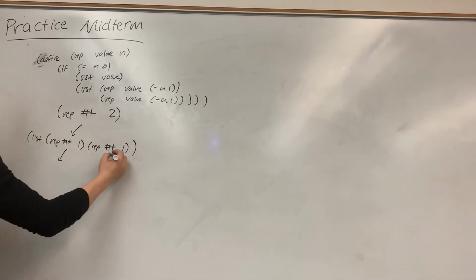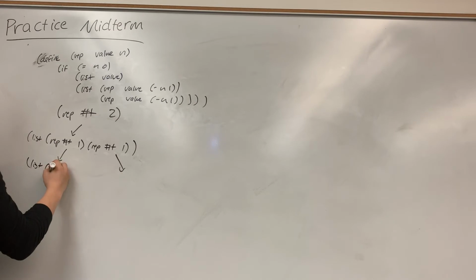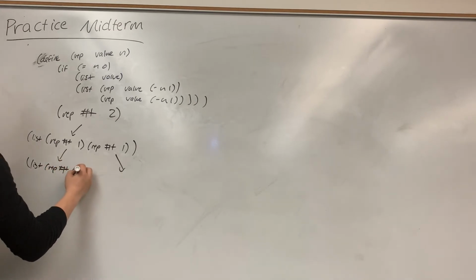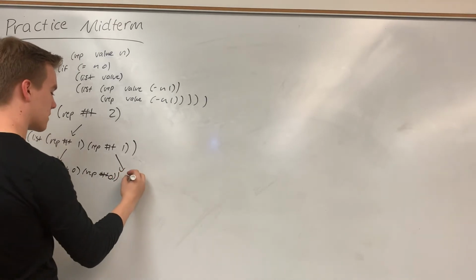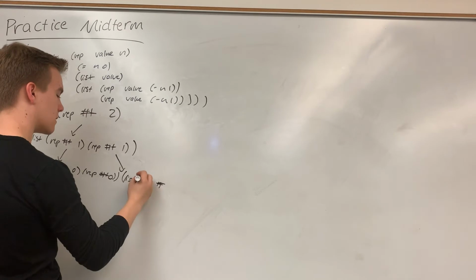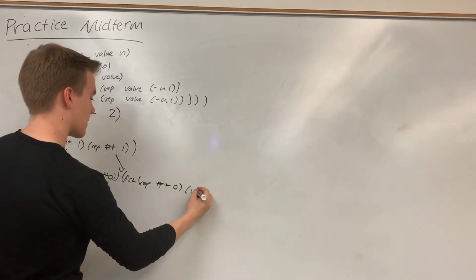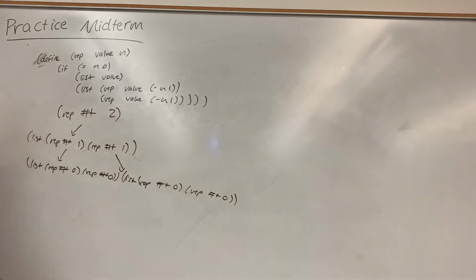These will each call list rep true 0, rep true 0, list rep true 0, rep true 0. And then these don't make a recursive call, so this is my tree of recursive calls without return values.